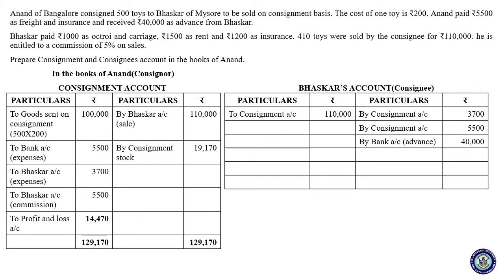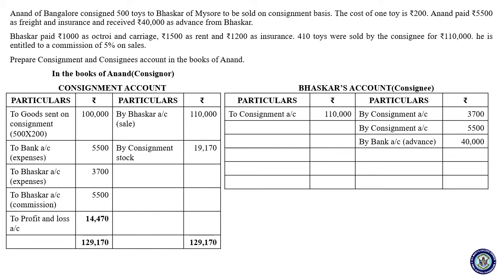He already paid 40,000. So the total sale done by Bhaskar is 1,10,000, out of which 40,000 has already been paid. So the remaining amount yet to be paid by Bhaskar to the consignor, that is we. Okay, we are the consignors, so that much money has to be paid, out of which you have to remove the share of commission and the expenses incurred by Bhaskar.